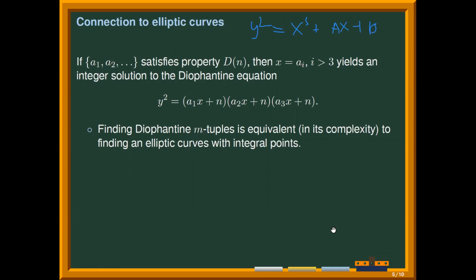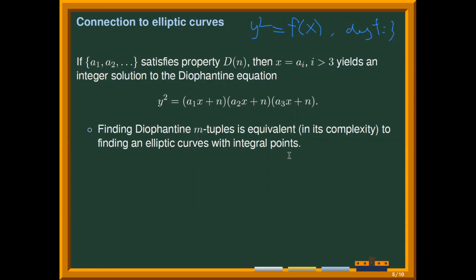Or more clearly, elliptic curves are normally curves y squared equals f(x), where f(x) is a degree 3 polynomial. So the degree of f is 3. This is what we usually call elliptic curves.